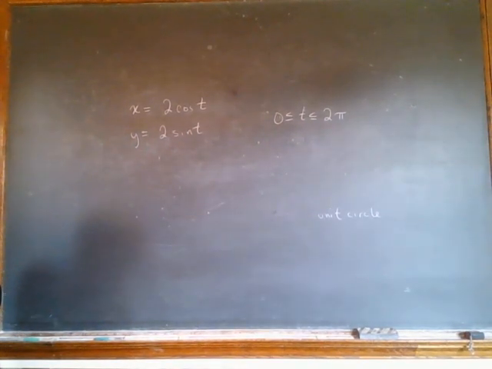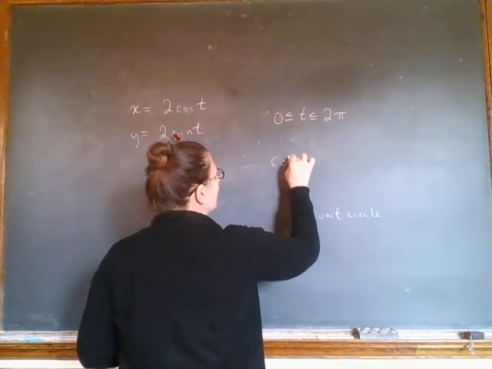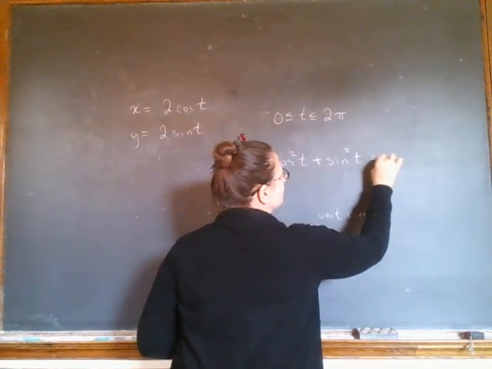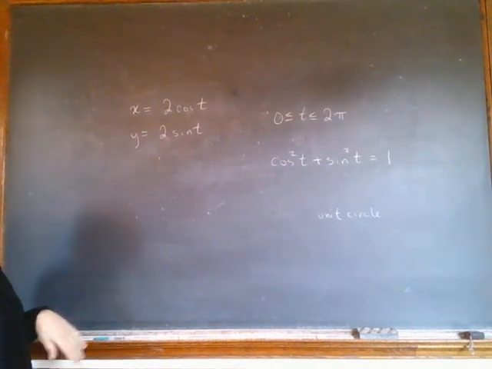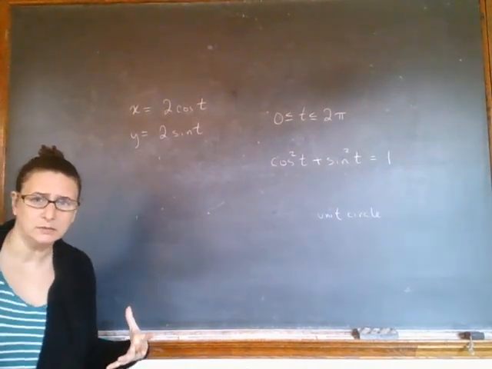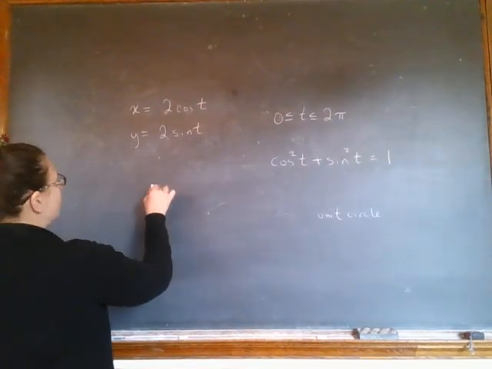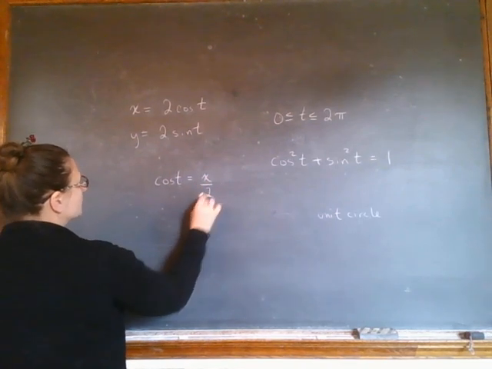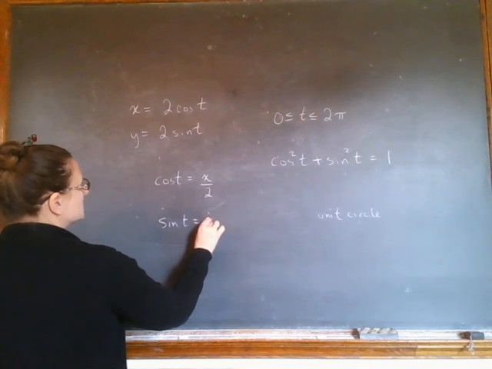Well, you still want to use our friend, the Pythagorean identity, but now it's a little bit wonky because it's got the 2 in it. So really you want to solve for something, but you don't want to solve for t because you don't want inverse functions. You want to solve for cosine of t is x over 2 and sine of t is y over 2.